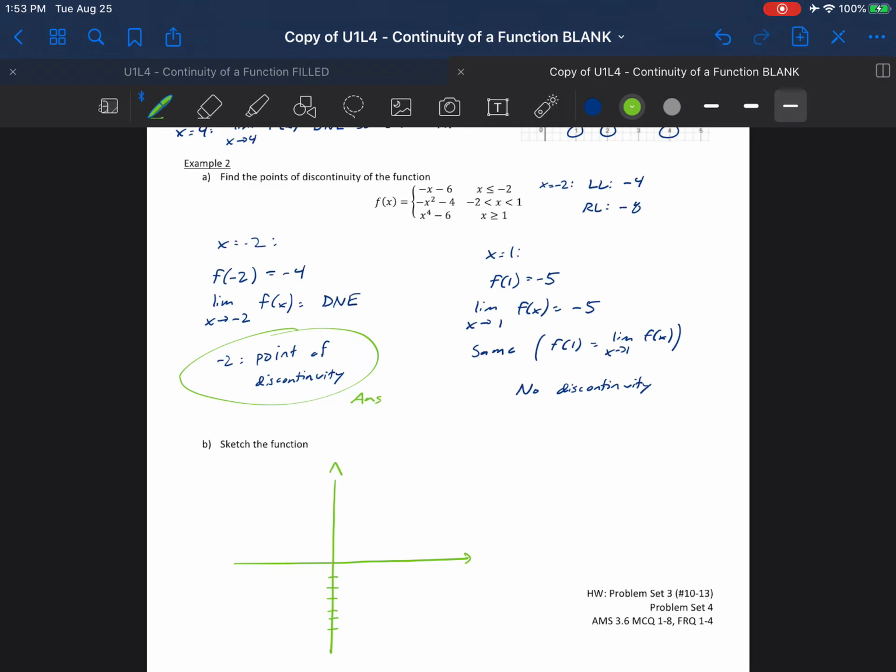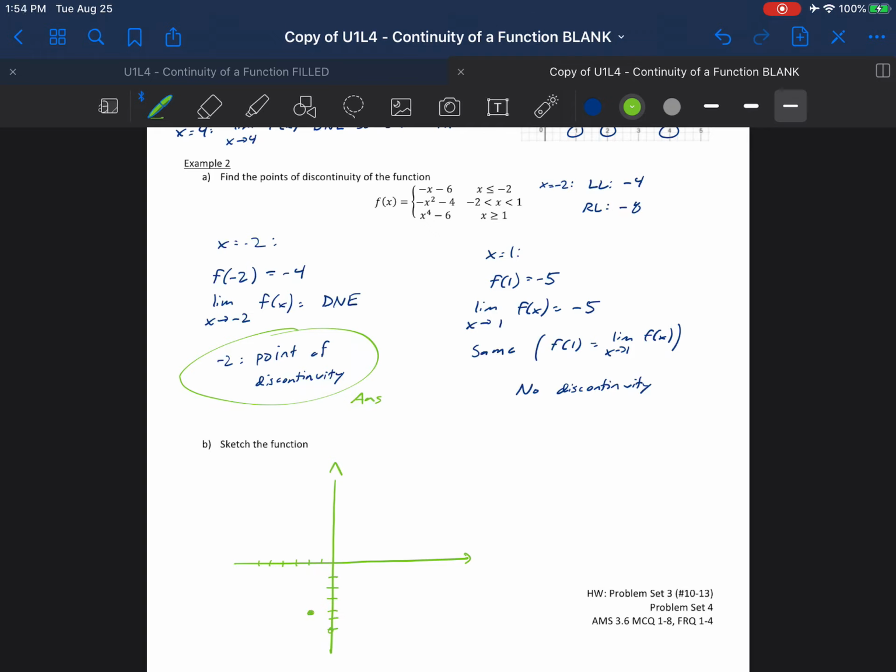Okay, now I'm going to have to erase it, but I'm going to plot that point on both axes. 1, 2, 3, 4, 5, 6. So, and it stops at -2. So at -2, the function value is -4.